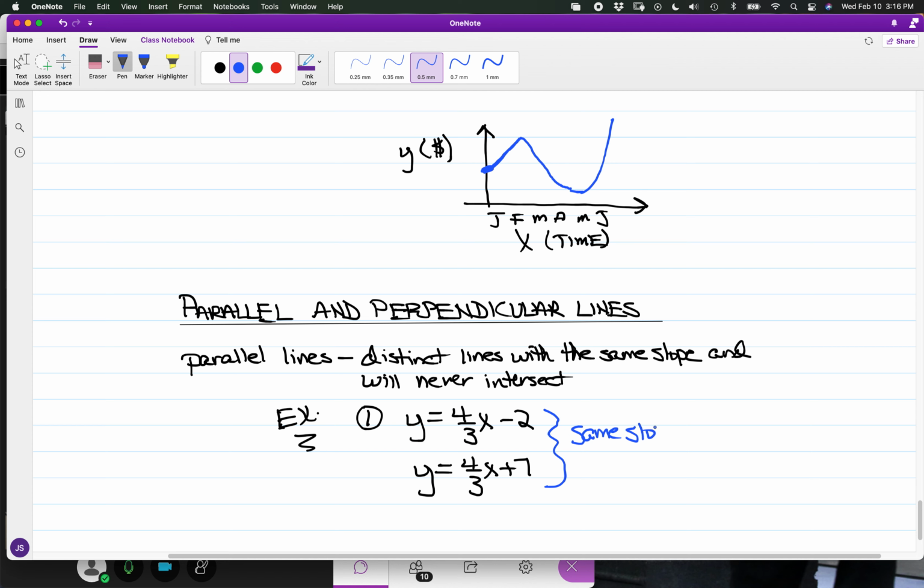So you have the same slope, m is equal to 4/3, and the lines are going to be parallel. And you can use shorthand like a sideways 11.